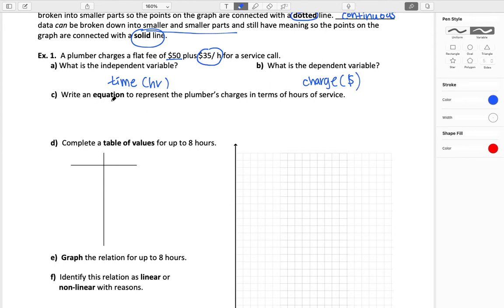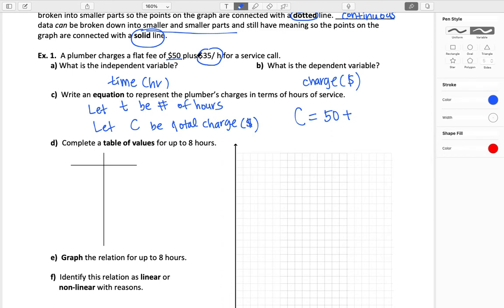So to formulate an equation, you have to do the let statement. Let T be the number of hours, and let C be the total charge in dollars. So therefore, my total charge is going to be $50 plus $35 per hour, which is T. So that is my equation.